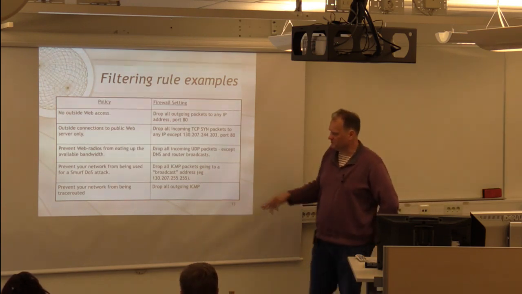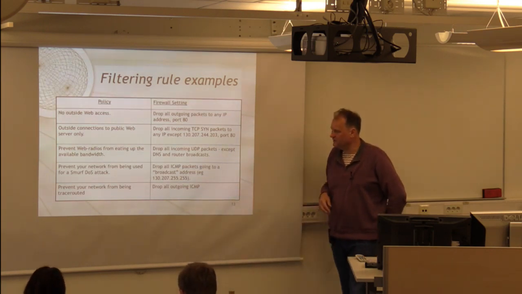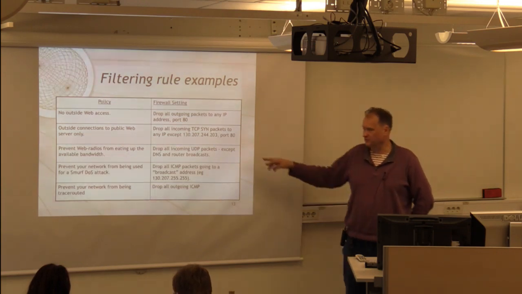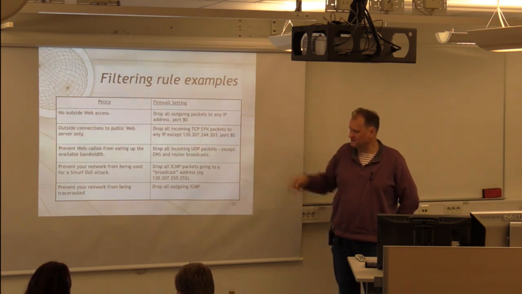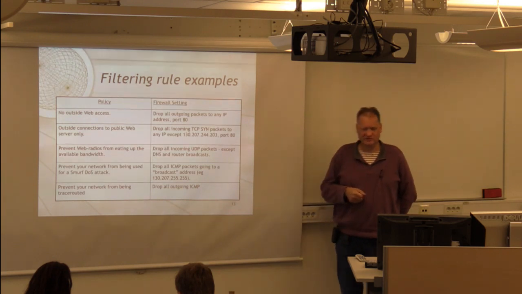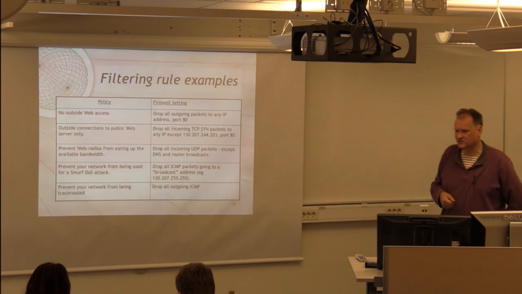Other things we can do is to prevent web radios. Well, that's UDP packets, so we drop UDP. Of course, this will drop a lot of other types of traffic as well. So to work, at least in the setting here, we say that we shouldn't drop DNS packets, because we actually need to be able to reach DNS servers.